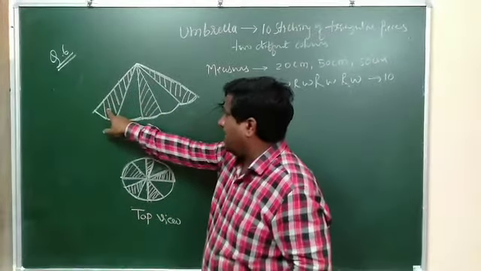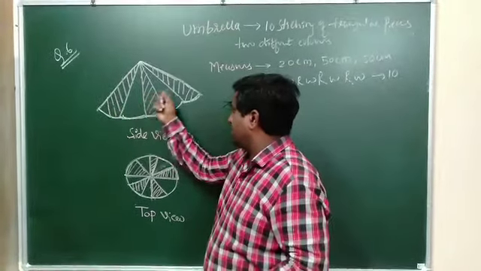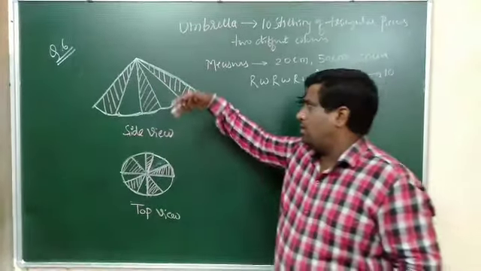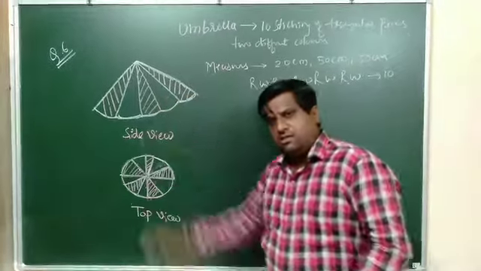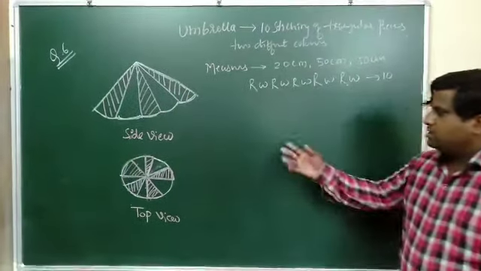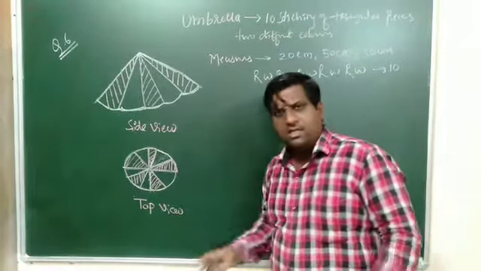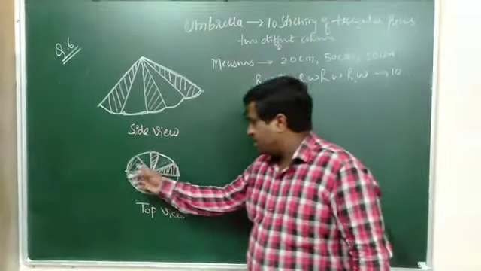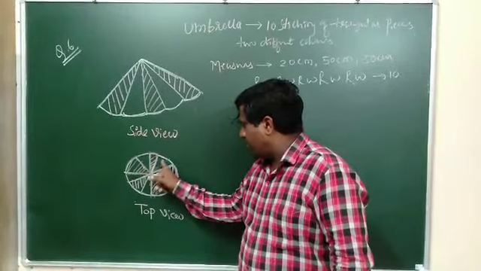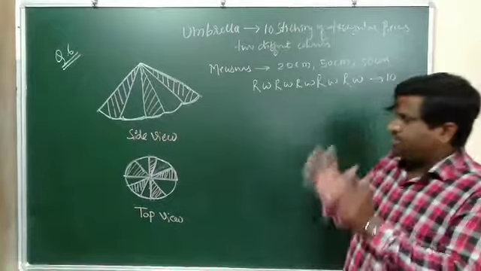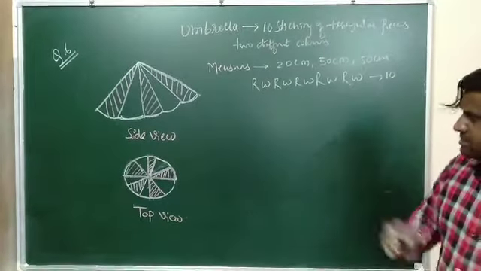This is red, this is white, this is red, this is white, this is red. Obviously, you won't see the side which is behind. If you are looking from the top, you will get the correct image: red, white, red, white, red, white, red, white, red, white. And the measure of each cloth is equal.